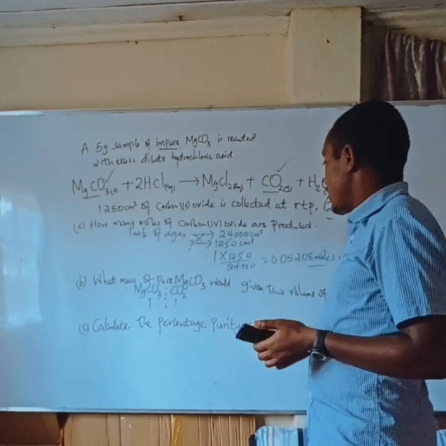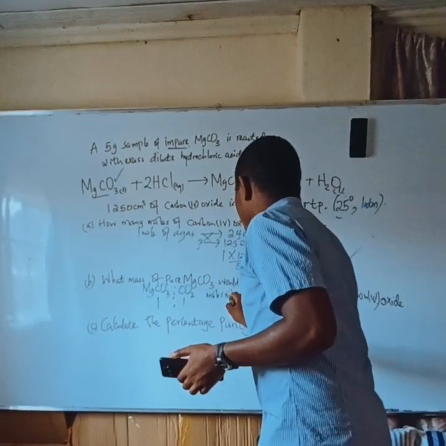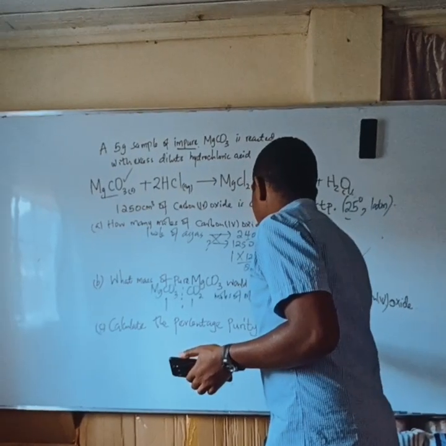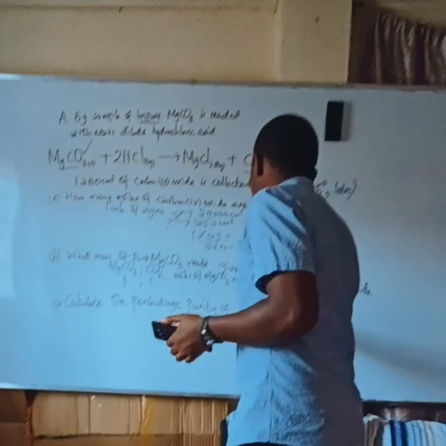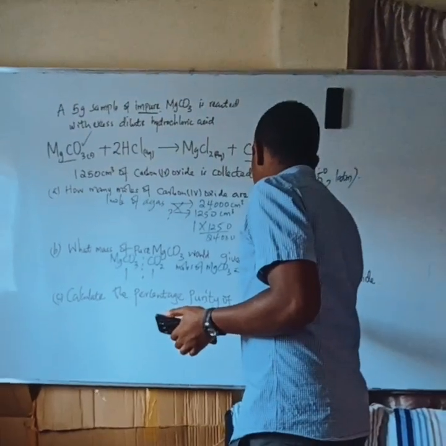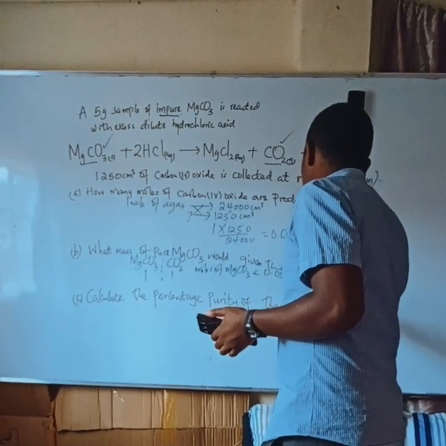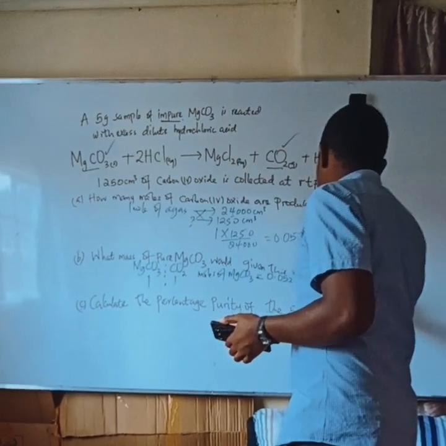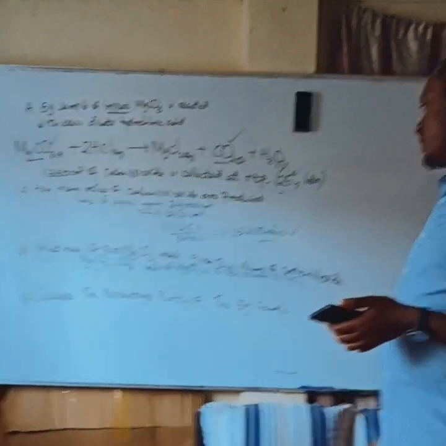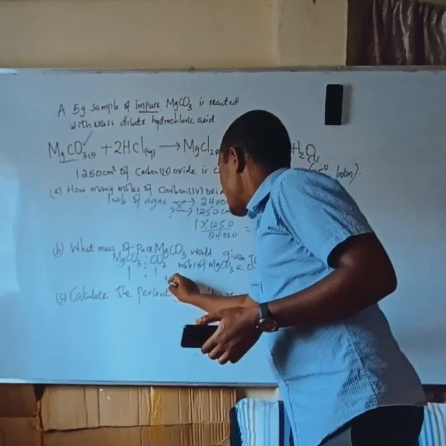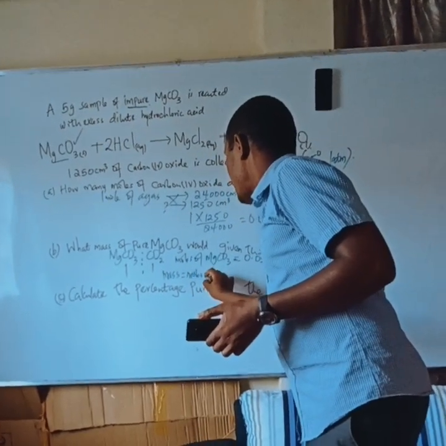Since the ratio is 1:1, the moles of magnesium carbonate used are the same as those of carbon dioxide. Therefore, 0.05208 moles of magnesium carbonate is used. How can we calculate mass? Mass is equal to moles times molar mass.